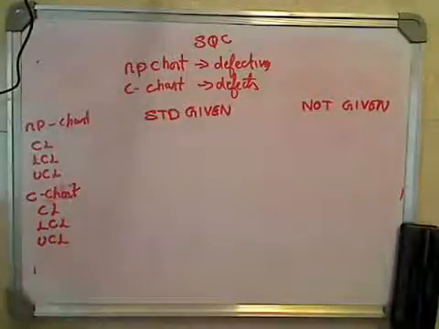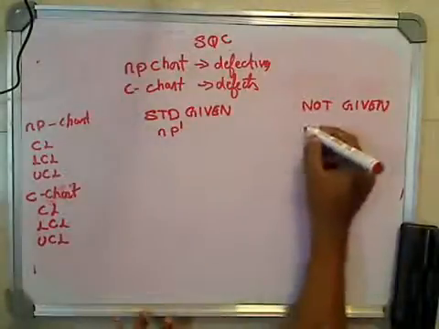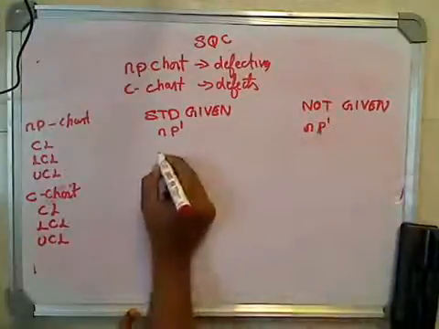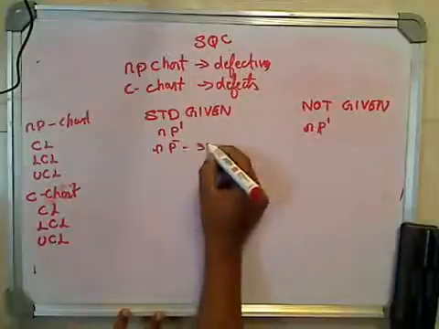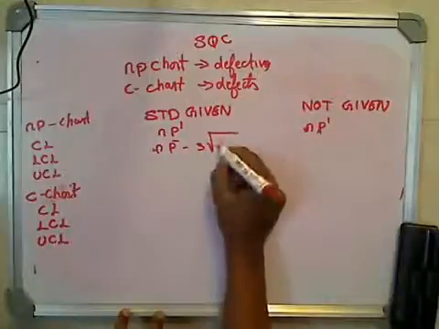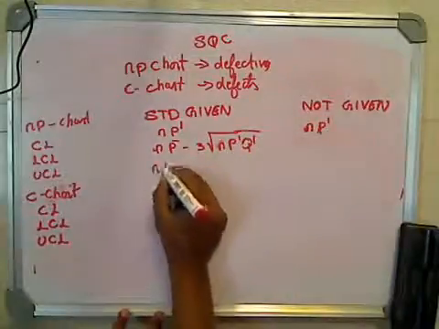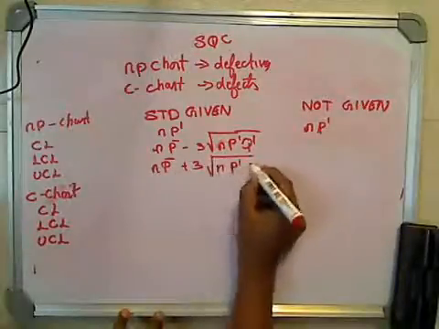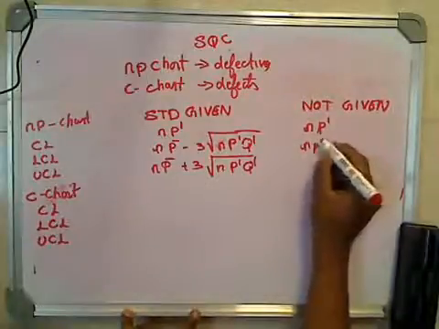Now, in case the standards are given, N, P, and small p. Okay, NP minus 3 square root of NP and Q, and NP plus 3 square root of NP and Q. Okay, the similar thing you need to do here.